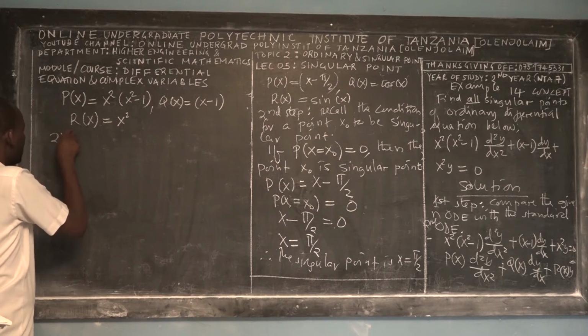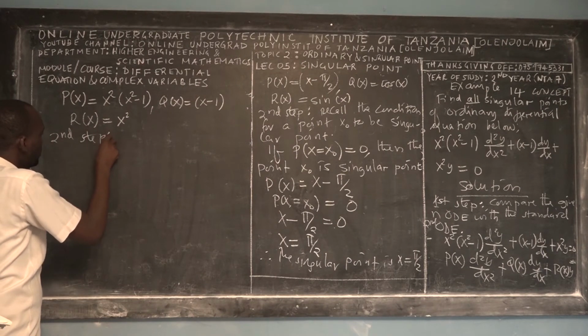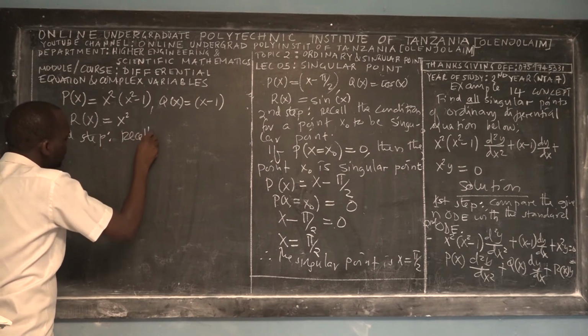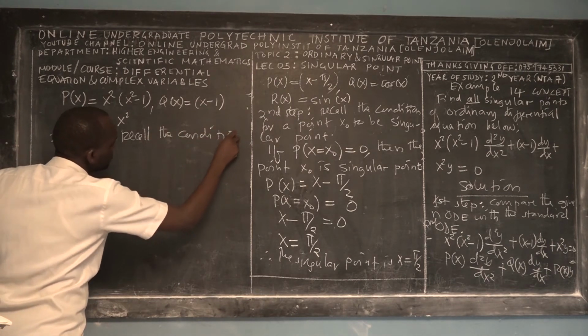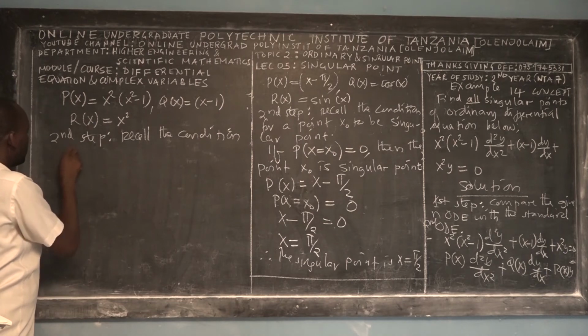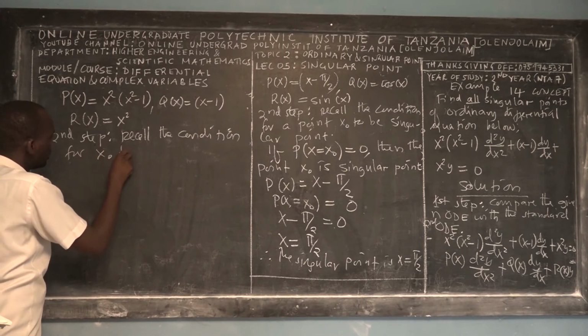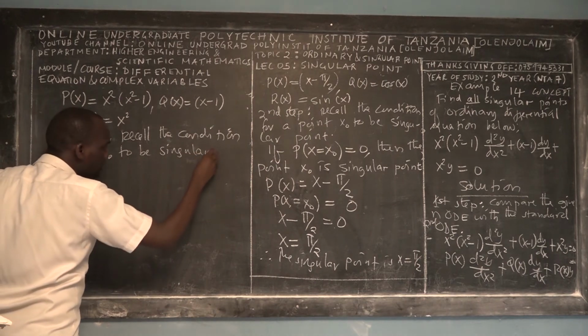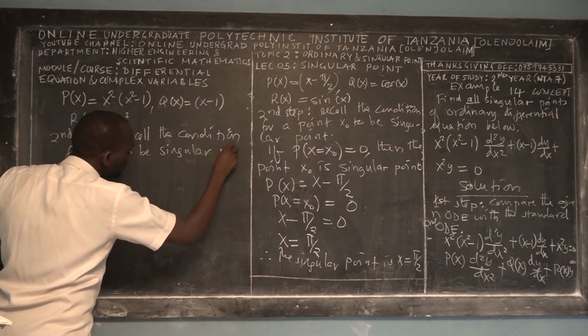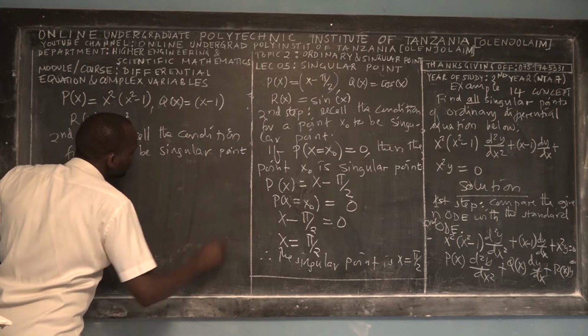Then we go for the second step. The second step, we say recall what? Recall the condition for x naught to be a singular point. Do you remember the condition, my beloved student? To be a singular point. Okay?